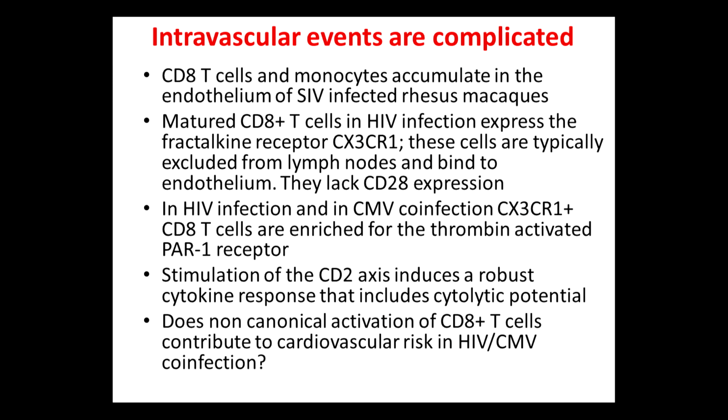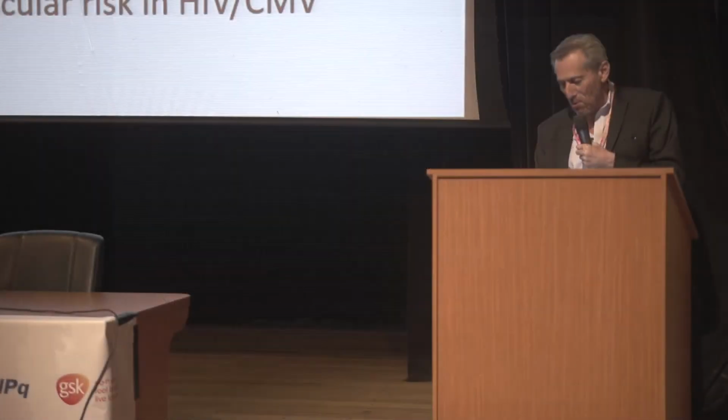Alternatively, we can stimulate these cells through the CD2 LFA3 axis, which induces a very robust cytokine response that includes the ability to be cytolytic or toxic to nearby cells such as endothelial cells, which is what we're proposing. And so we're asking whether non-canonical activation of CD8 T cells is an important contributor to the cardiovascular risk that is seen with the greatest frequency in HIV-infected, CMV co-infected persons with CD8 T cell expansion and maturation. So if anybody invites me here next year, maybe I'll tell you more about that story by then.